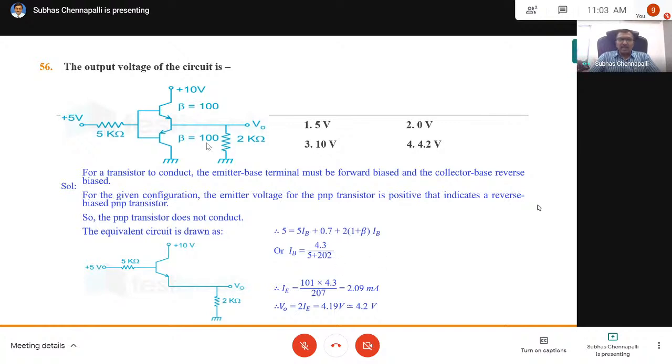Beta is given as 100. Then (1 plus beta) times IB is equal to IE. Then IE is this much. Then V0 is equal to this resistance times this current. This is in kilo ohms and this is in milliamperes. So multiplication of 2 into 2.09 gives 4.9. This is the voltage. Here also it looks like a tough problem, but if you analyze a little, this transistor goes out of your analysis.